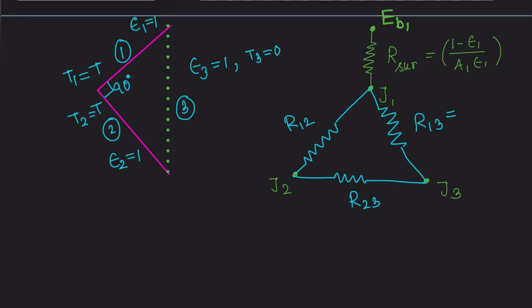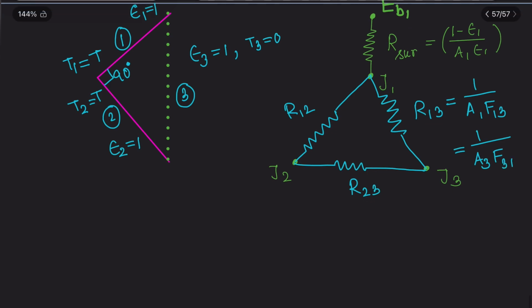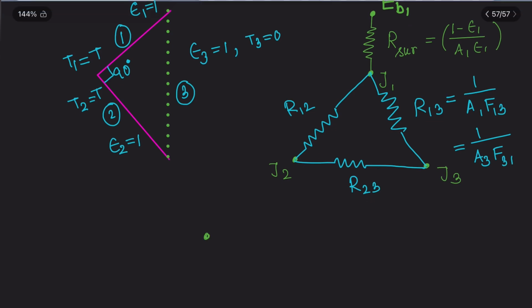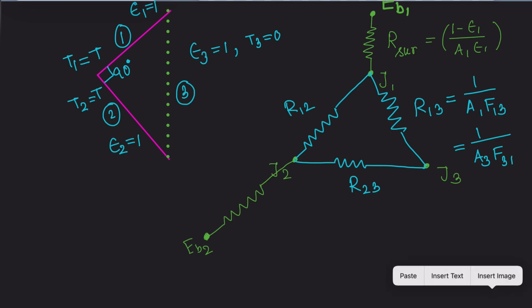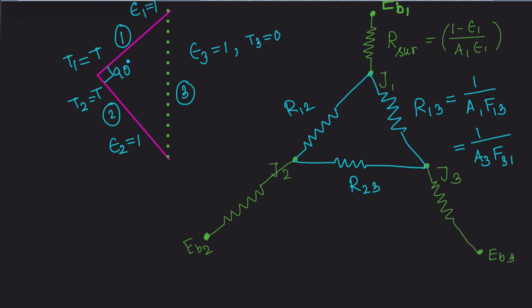For example, R13 is what? 1 by A1 F13, that is also equal to 1 by A3 F31. Okay, and so this will be EB2 and this will be EB3. Now see, this is actually R surface 1, this is R surface 2, this is R surface 3.